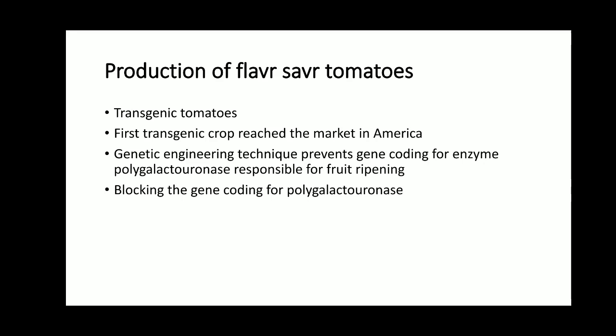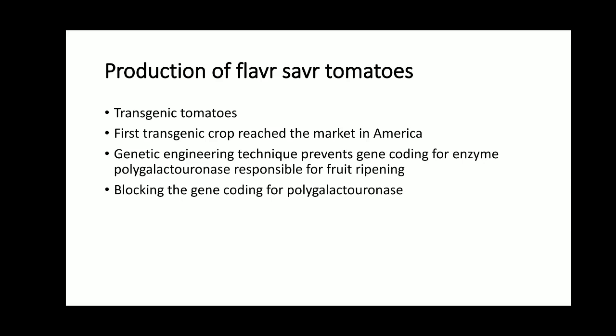If the gene is blocked, what will happen? Then the gene coding for polygalacturonase will not be expressed. If the gene is not expressed, the protein is not formed. If the protein is not formed, then there won't be enzymatic action, because enzymes are proteins.